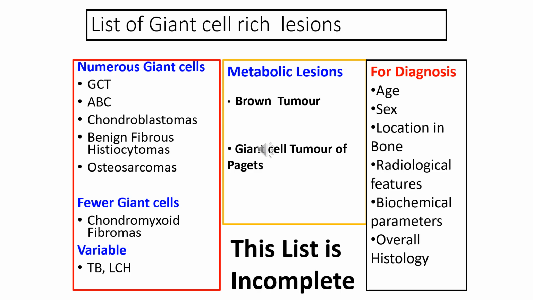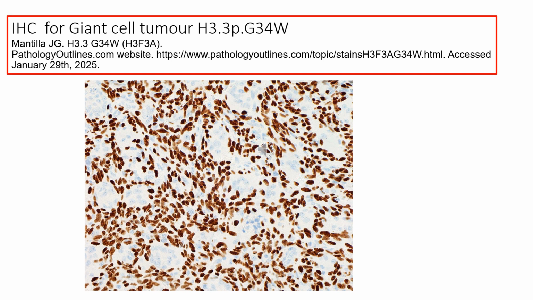So traditional teaching has been to look at the age, sex, location in the bone, radiological images, biochemical parameters, etc., and make a diagnosis. Today we have a marker for the spindle cells seen in a giant cell tumor, and this helps us to make a confident diagnosis of a giant cell tumor.